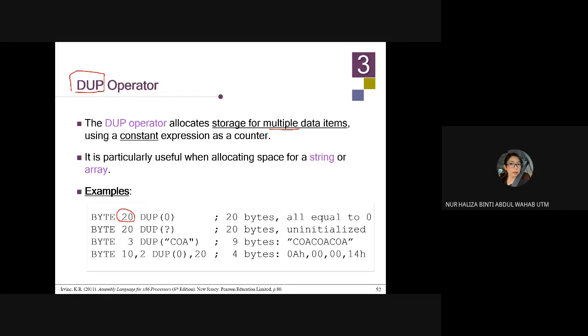If you have 0, you're going to have 20 zeros. If you have this undefined, you have 20 bytes of undefined. If you have 3, you're going to have 3 C0A, C0A, C0A. You can see C0A, C0A, C0A. So you have altogether 9 bytes.